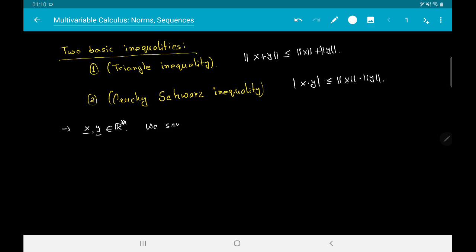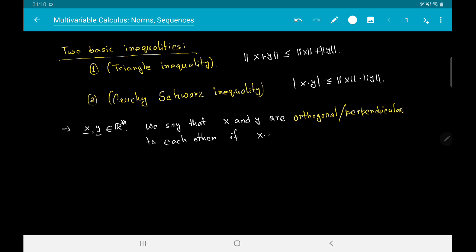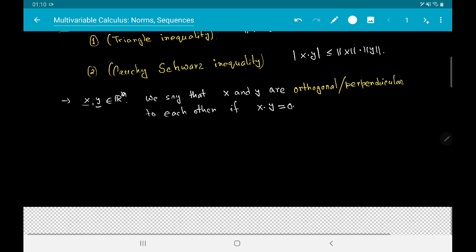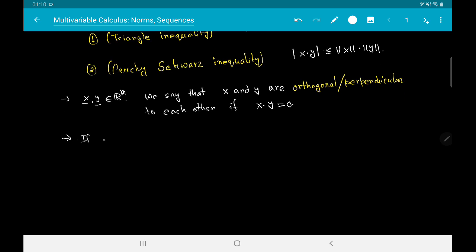We say that x and y are orthogonal or perpendicular to each other if x dot y is equal to 0.